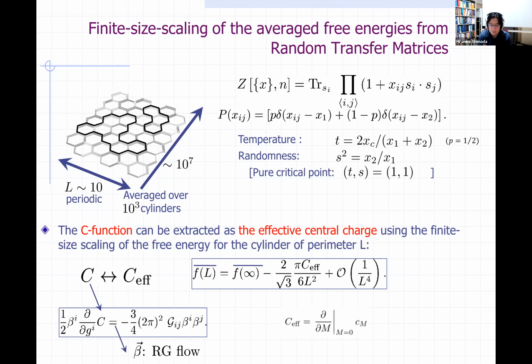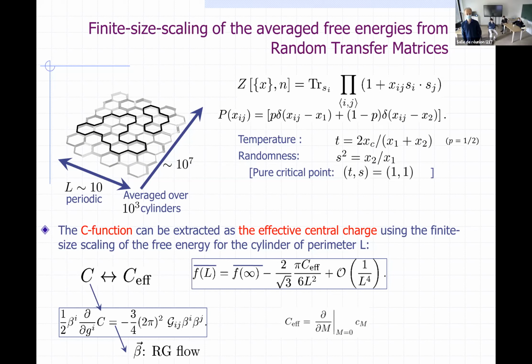We can compute the free energy per area by multiplying these transfer matrices, and we can take this average over 10 to the cubed, 1000, realizations, and it has finite size corrections.